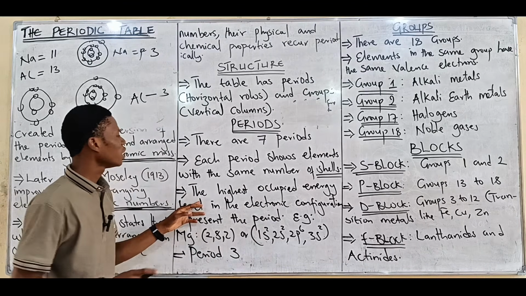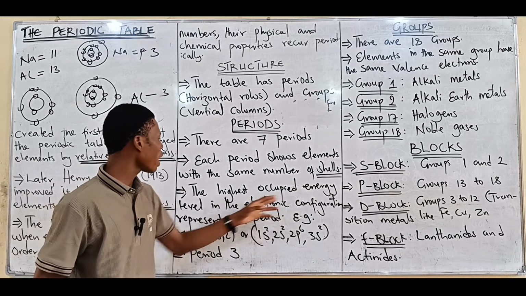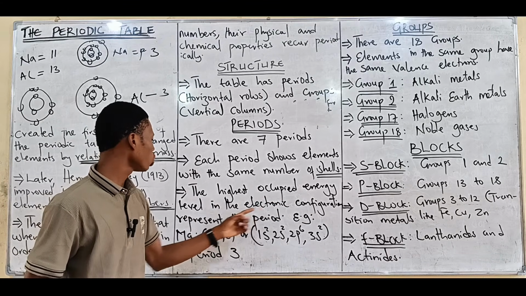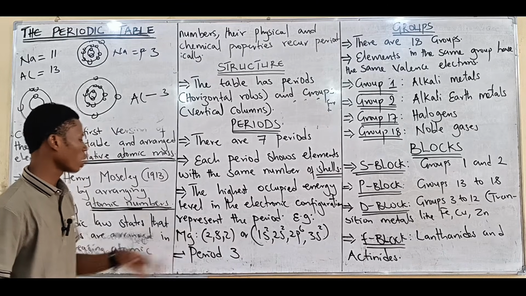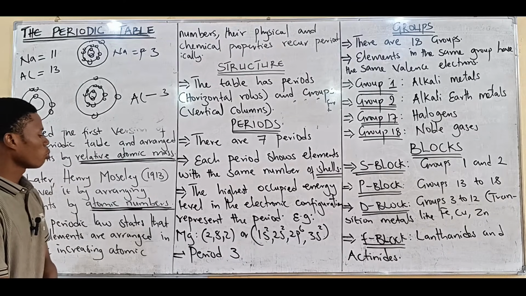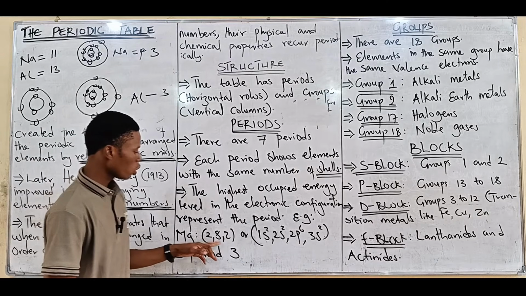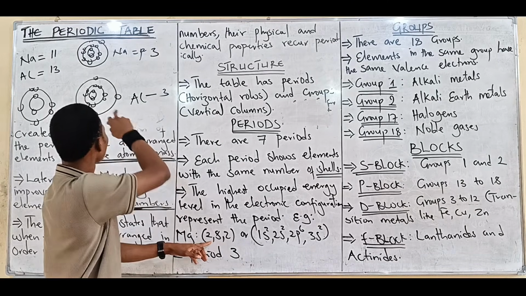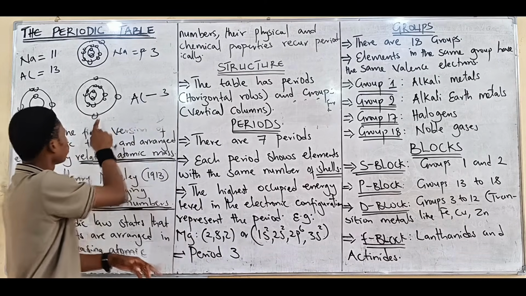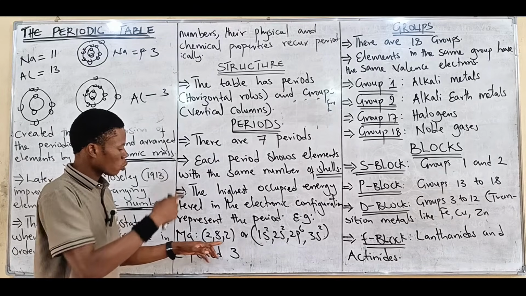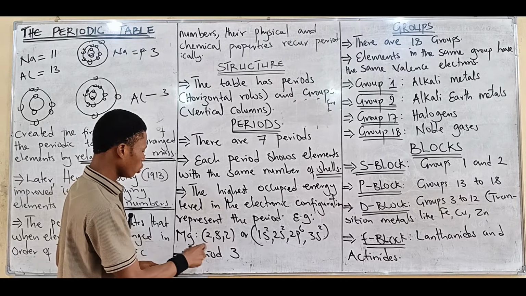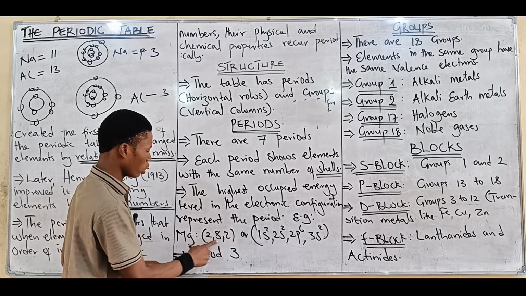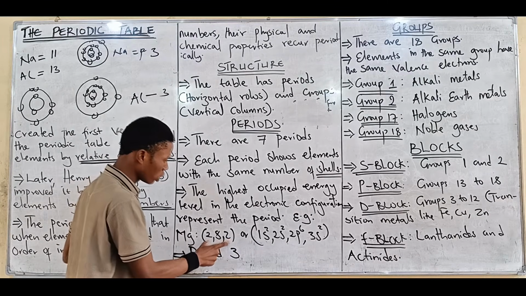Alright. Now, the highest occupied energy level in the electronic configuration represents the period. If you want to use that, now look at magnesium. Magnesium has atomic number of 12. That is 2, 8, 2. 2 in the first shell, 8 in the next one, and 2 in the next one. Now, if you check how many shells do we have here, shell 1, shell 2, shell 3. So this is in period 3.